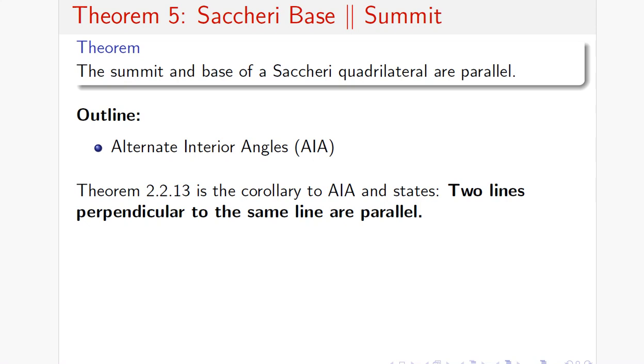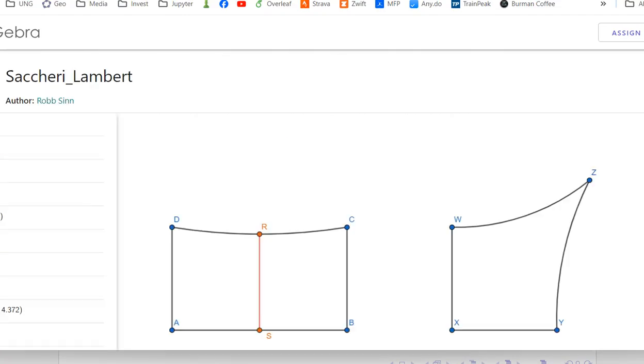Well, that's exactly the situation that we have when we look at the Saccheri quadrilateral. We have alternate interior angles congruent. Why? Because all 4 of the angles, DRS, CRS, ASR, and BSR, are right angles.